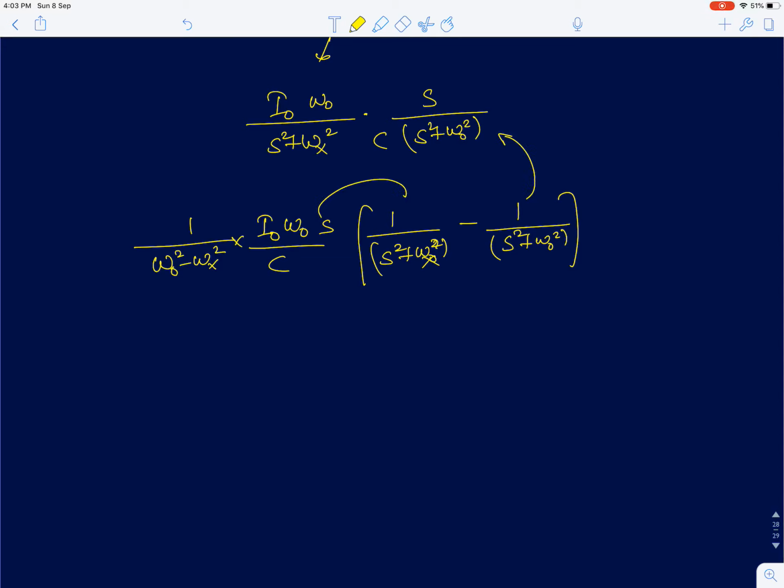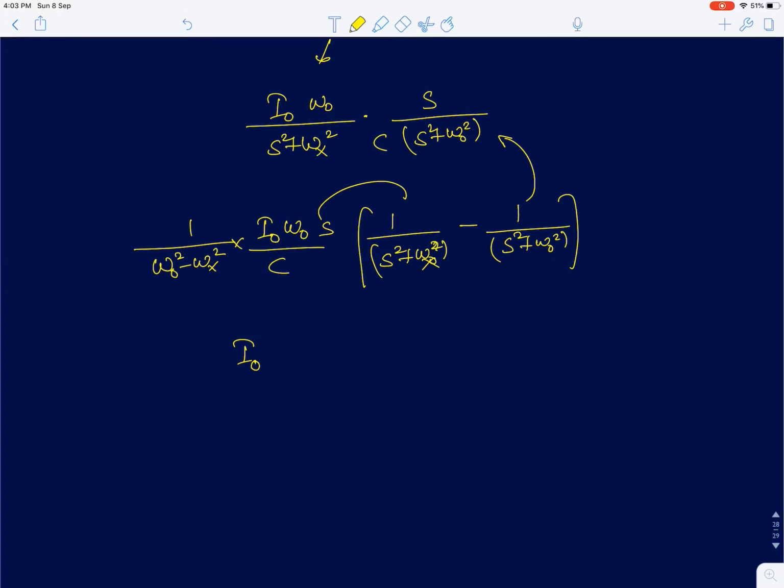Now I take s inside the braces, and if I take the inverse Laplace transform, I'd get I naught omega naught by C into omega naught square minus omega x square, into cos omega x t minus cos omega naught t, into u of t. Once I've taken s inside, the inverse Laplace transform reduces to this.